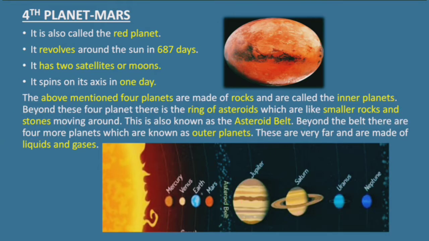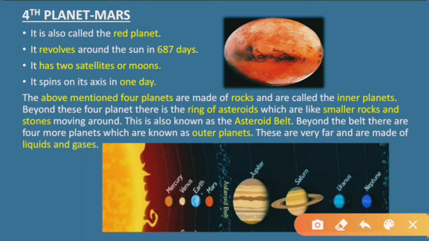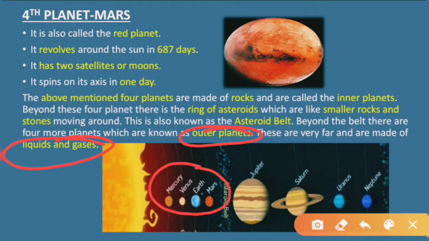Now after this, beyond the belt there are four more planets which are known as outer planets. These are very far and are made of liquid and gas. You have seen the first four planets. After the first four planets, what comes? The asteroid belt.